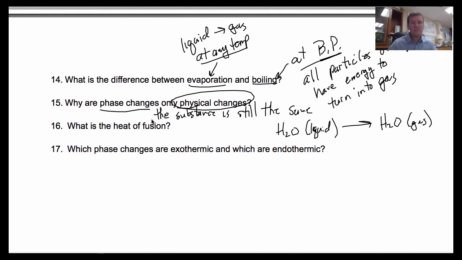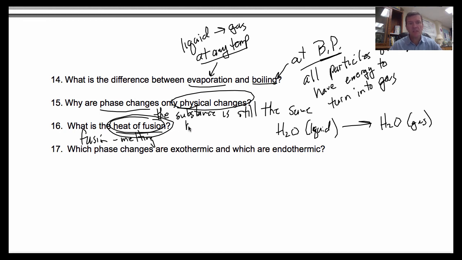All right, heat of fusion. Okay, the heat of fusion. Another word for fusion is melting. So the heat of fusion is simply how much energy, how much heat is needed to melt a certain mass of something.